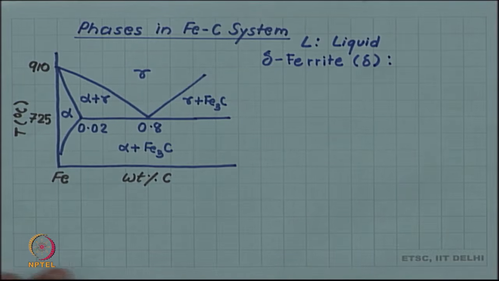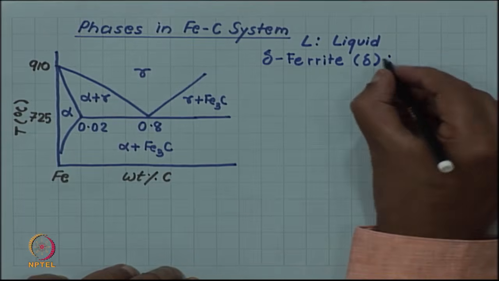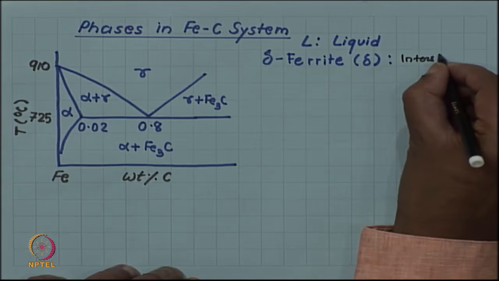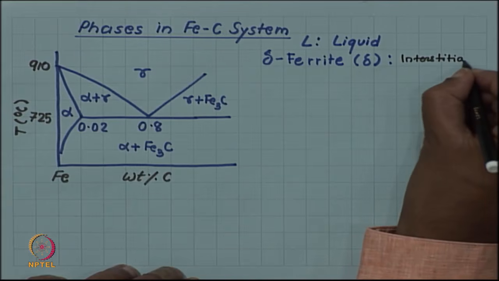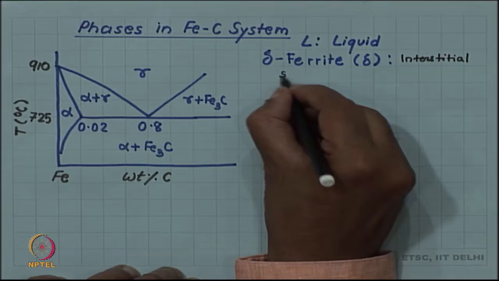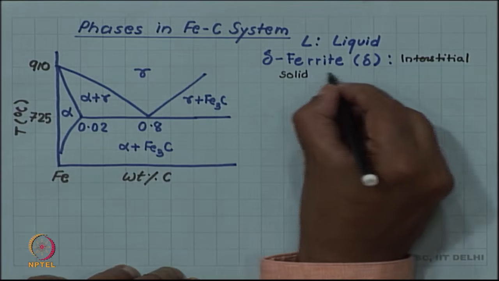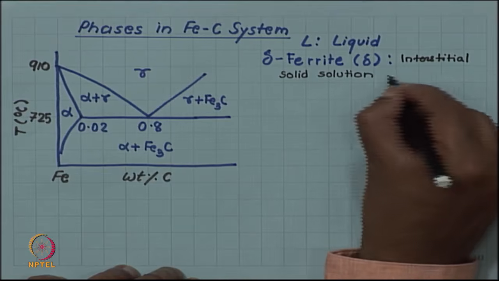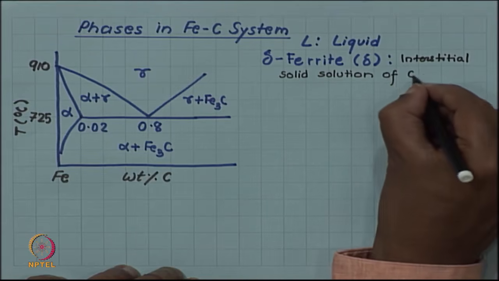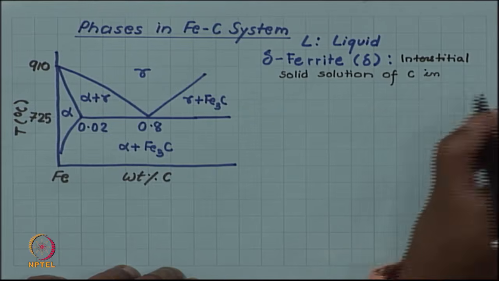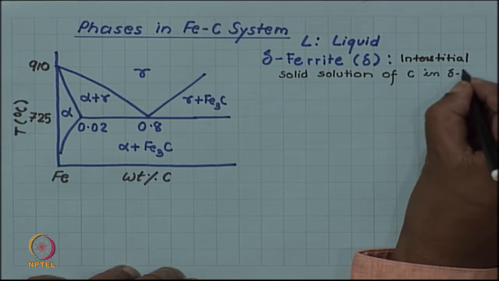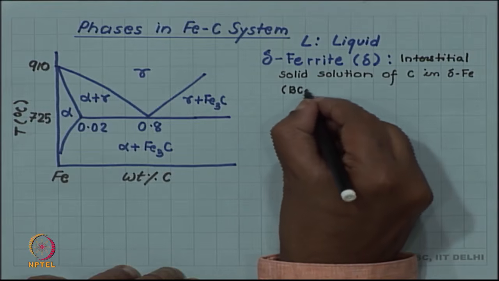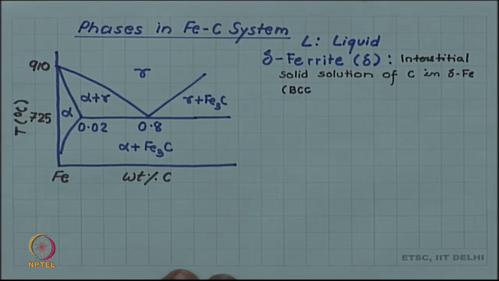This is nothing but interstitial solid solution of carbon in delta iron, and delta iron is nothing but the BCC form of iron at high temperature.